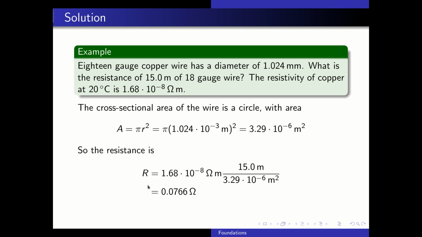I come up with a resistance of 0.0766 ohms, which should be a factor of 4 too small. So if you calculate with the correct radius, you should come up with something on the order of 0.29 or 0.30, something like that, ohms. So you can check and correct for my mistake.